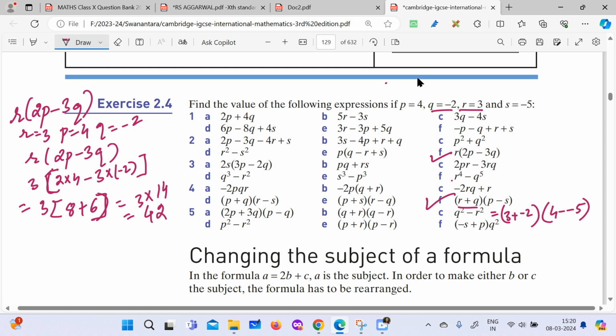Now I am not putting brackets, I am writing them straight directly. And then 3, this plus minus is minus. And then here it will be 4 plus 5. So 3 minus 2 is 1 and 4 plus 5 is 9. So your answer is 9. Any doubt? No doubt. Very good.